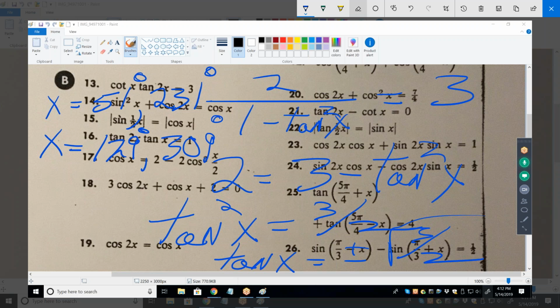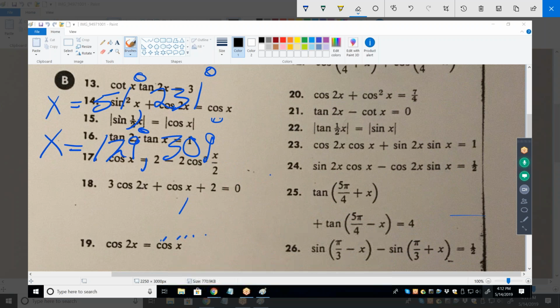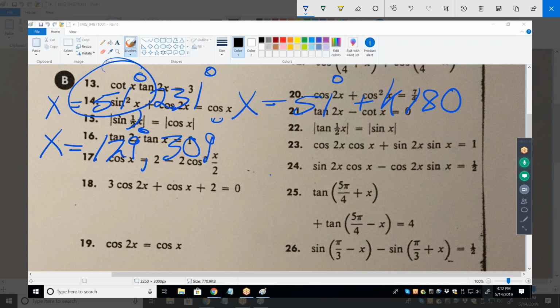Now, I believe we have to write this 2 ways. Maybe not. Hold on. Might be able to get away with just doing 51 plus 90? No, that doesn't work. 51 plus k 180 doesn't work. So I've got to do x equals 51 plus k 180, which gives you that one and that one, and it'll give you the next one.